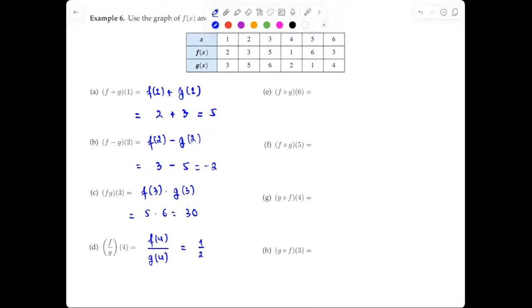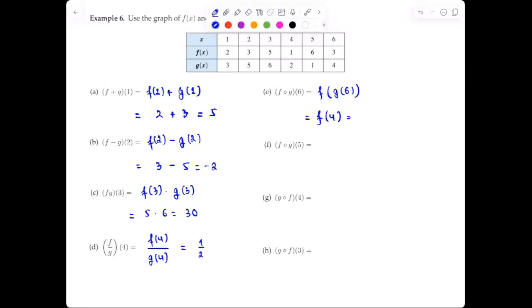Now for e, composite functions, f circle with g of 6 gives you f of g of 6. And g of 6 is equal to 4. So you're calculating f of 4.